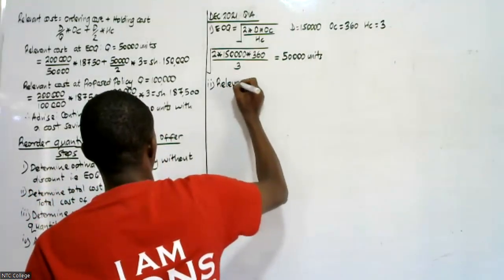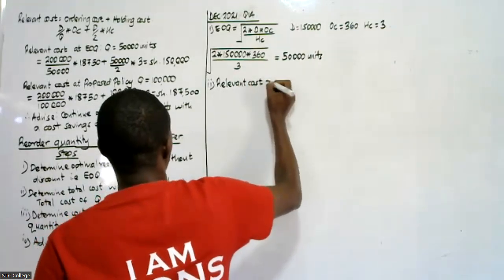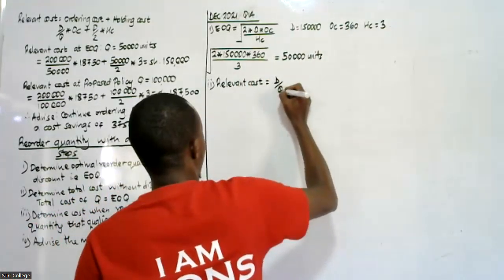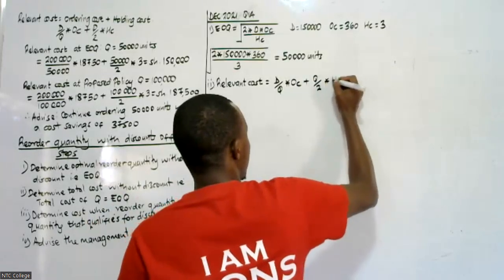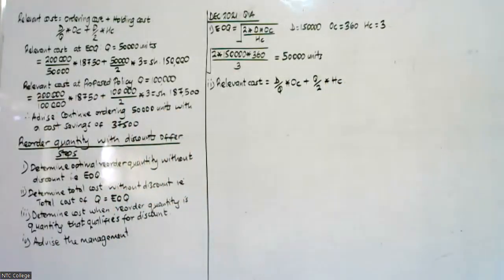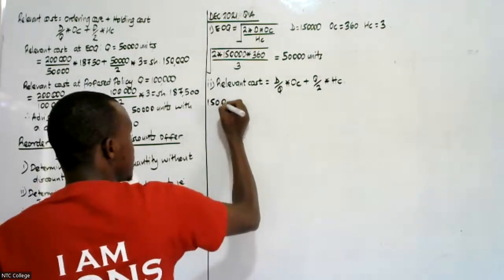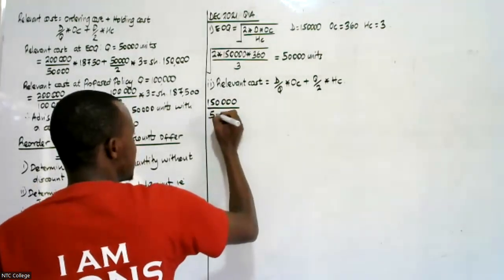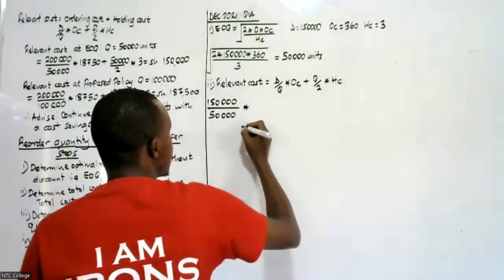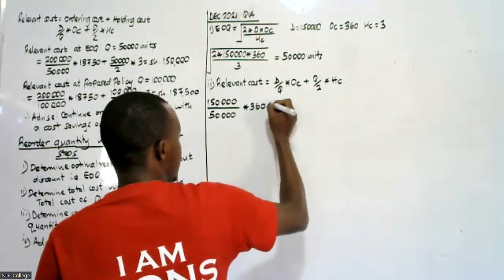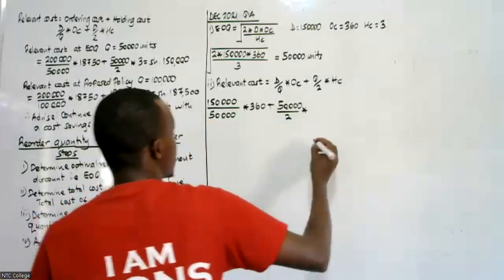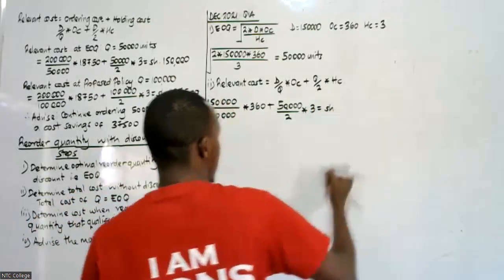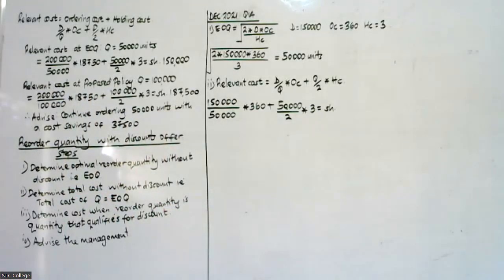So the ordering and holding cost is a relevant cost, which is given by D over Q times OC. How much is your relevant cost?